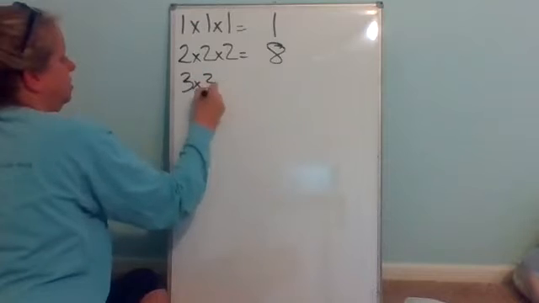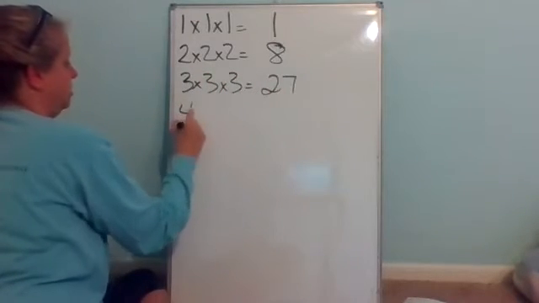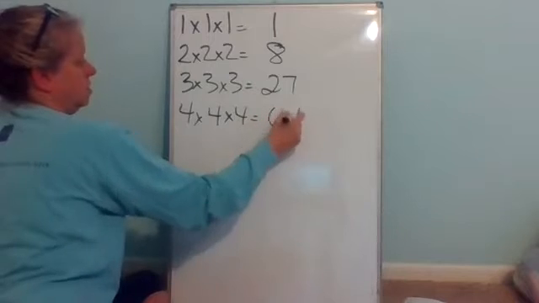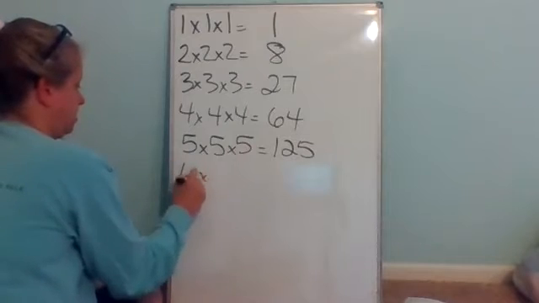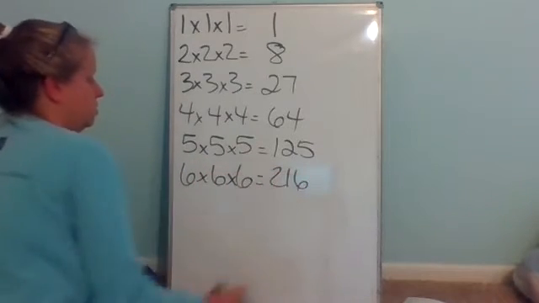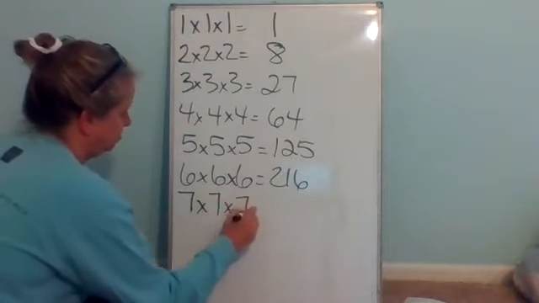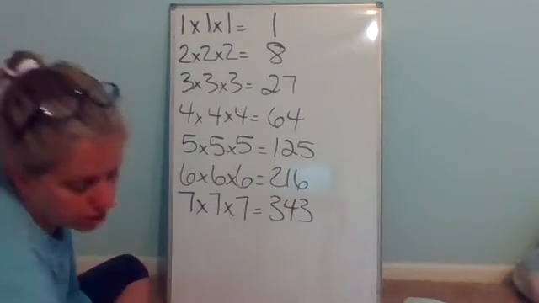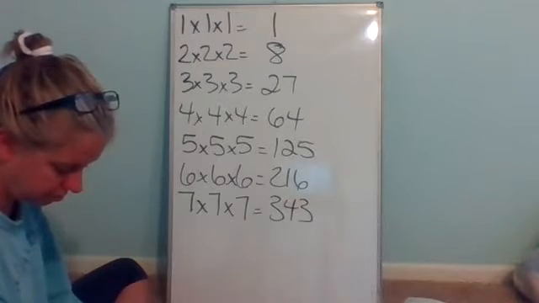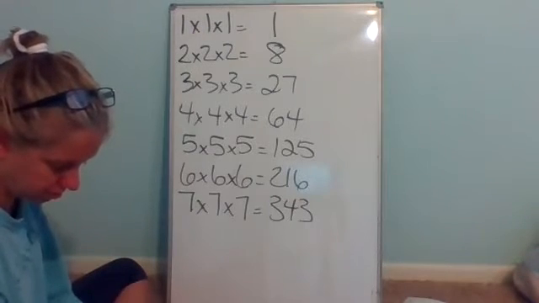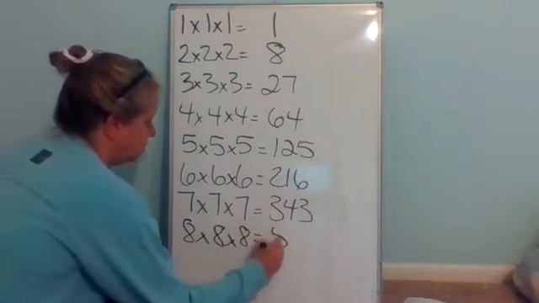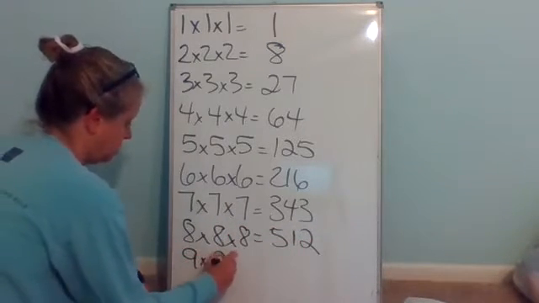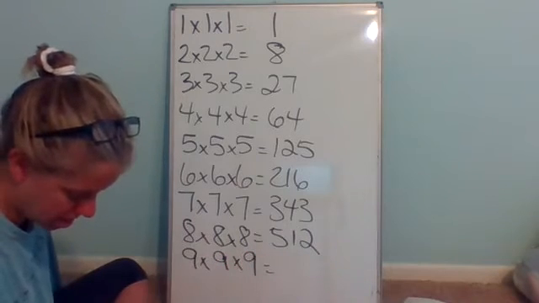And 8, 27, 64, 125, 216, 343, 512, that one's 729.